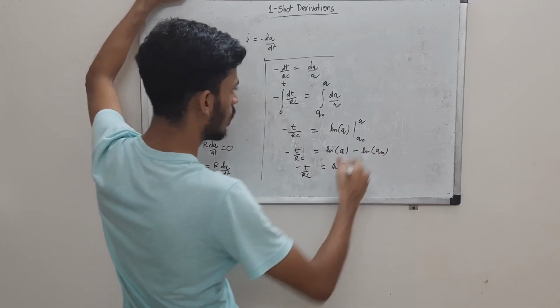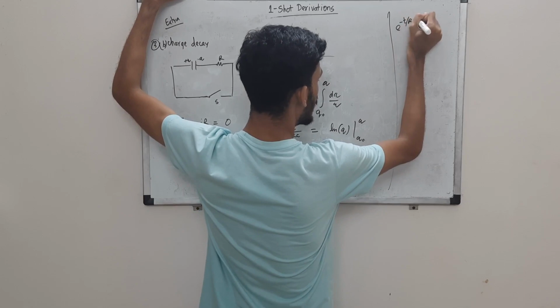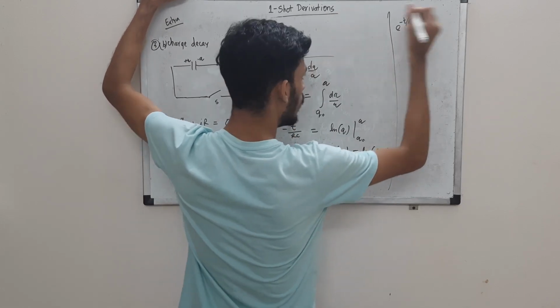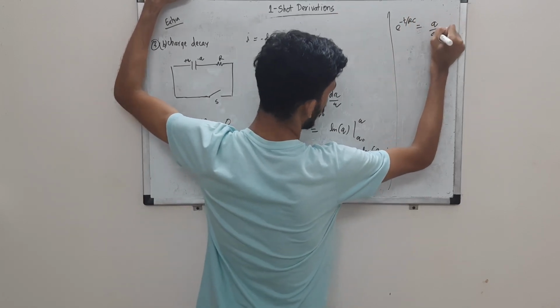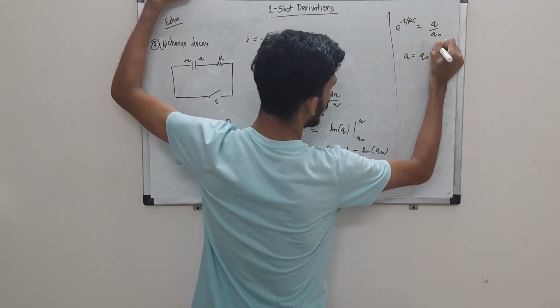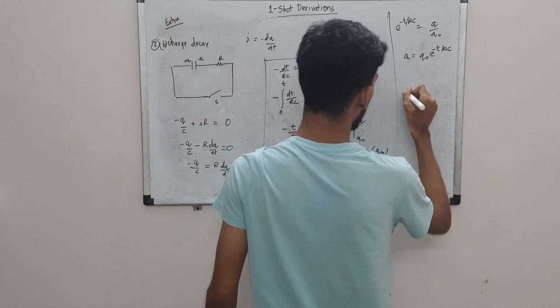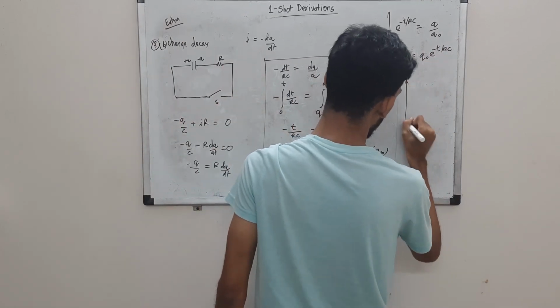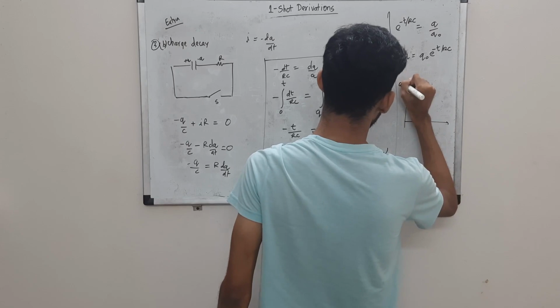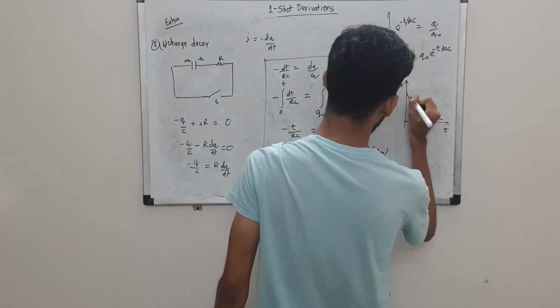Take exponential on both the sides, so you'll get e to the power minus t by RC is equal to q by q naught, right? So q is equal to q naught e to the power minus t by RC. So this is exponential decay, you can see that. So here we will have q, here we have t. The charge decays exponentially.